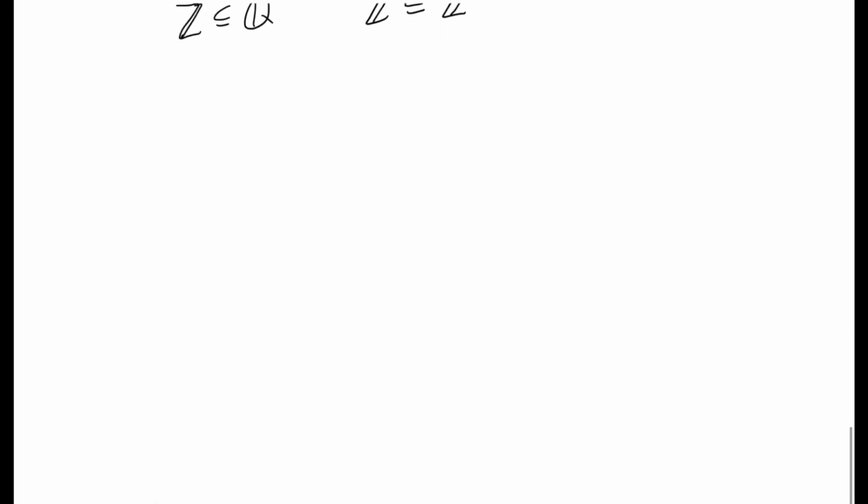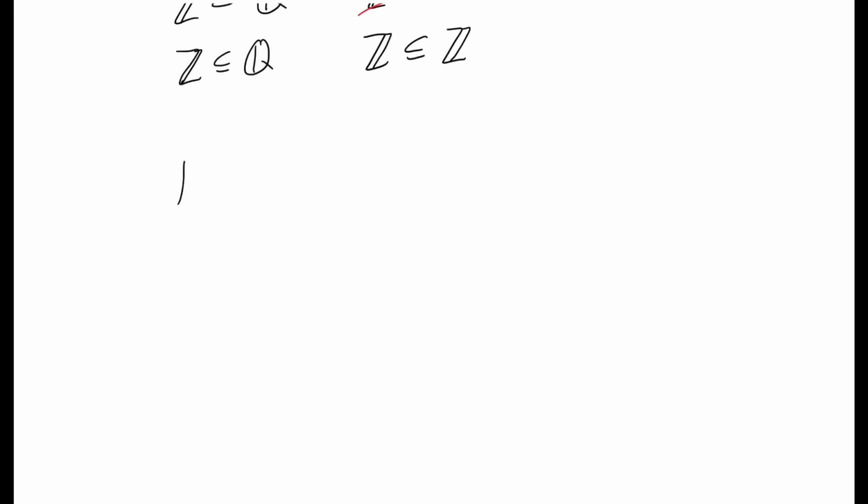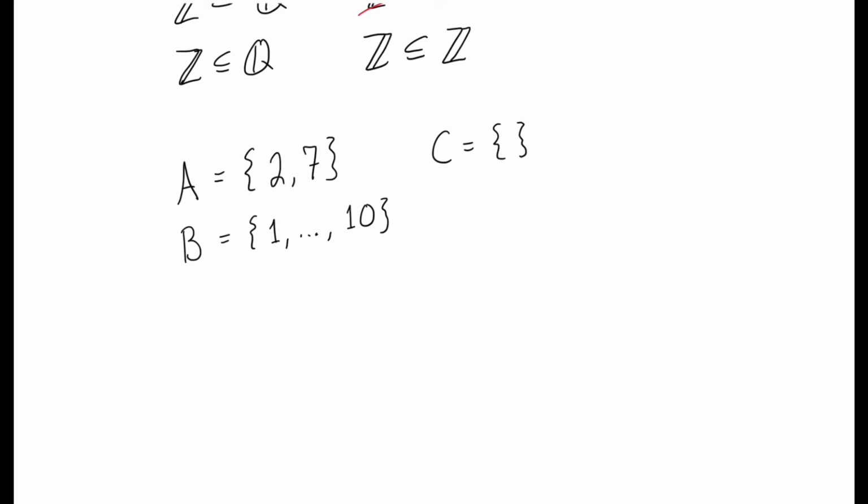I'm going to do a few more examples with sets of numbers. So I think I had A be 2 and 7 before, so we'll go with that. We're going to have B, let's keep that as 1 through 10. Let C be the empty set, and it can be written either of these two ways. Let's have D be the set containing 1, 3, 5, and 7.